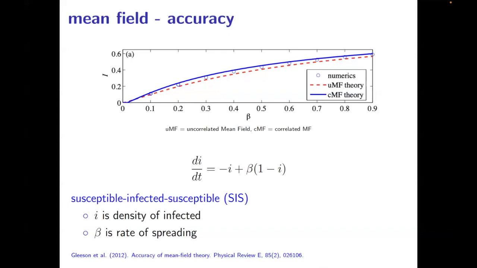They either have or have not an additional term to take into account the correlations between the degrees of the different degree nodes. That's the difference between the UMF, the uncorrelated mean field, and the correlated mean field. In the correlated version, we take into account the differences in degrees between the nodes, and in this version, it's uncorrelated because you do not take that correlation into account.